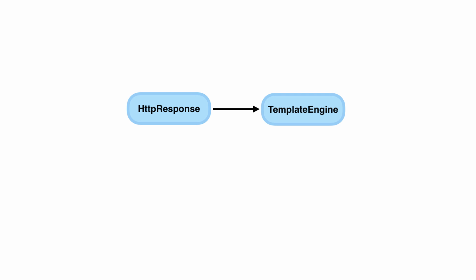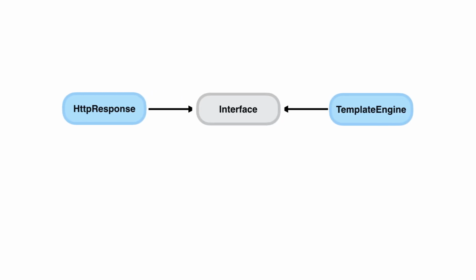Now, you may supply a default templating engine in your framework, but perhaps you want to allow other people to build their own template engines. That's another case for using interfaces. So instead of programming against a concrete implementation, like a concrete template engine, you program against interfaces. Other people can create new template engines that implement your interface. So by using interfaces, you add extensibility points in your framework.